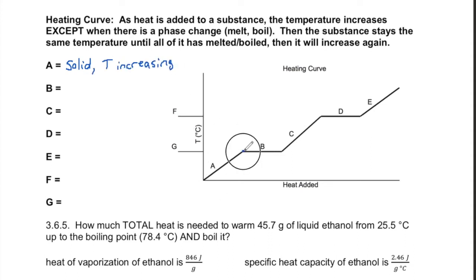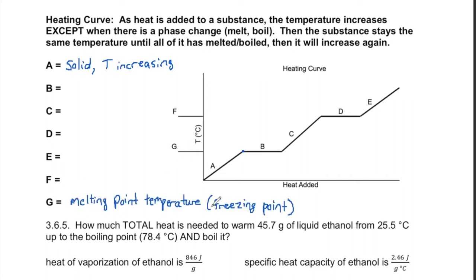Once you reach a certain temperature, the temperature stops going up and the solid starts to melt. So G is the melting point temperature. Or you can also call G the freezing point. The melting point of ice is the same temperature as the freezing point of water. It just depends whether you are adding heat to melt something or removing heat to freeze something.